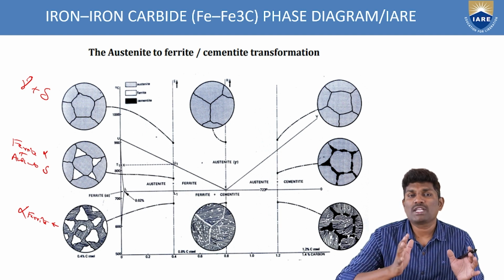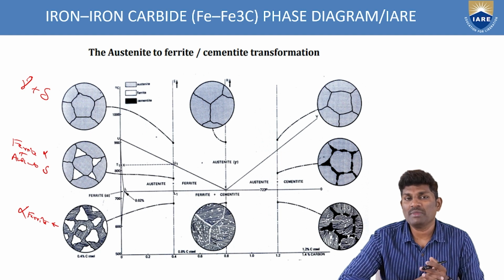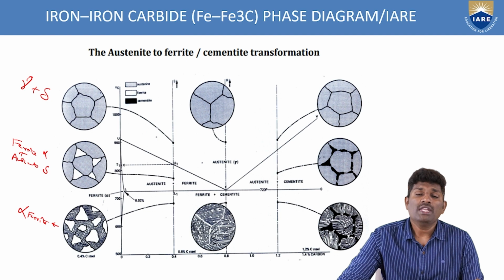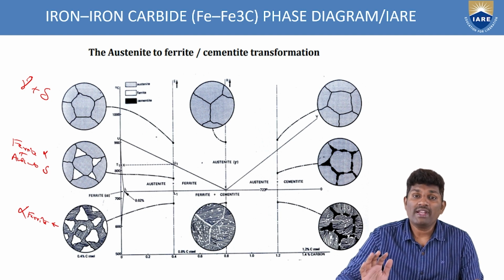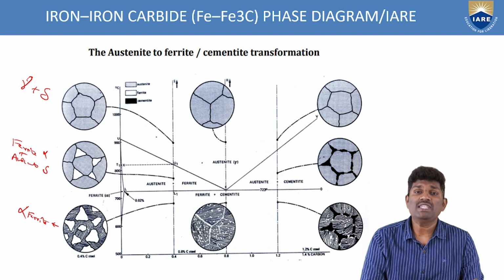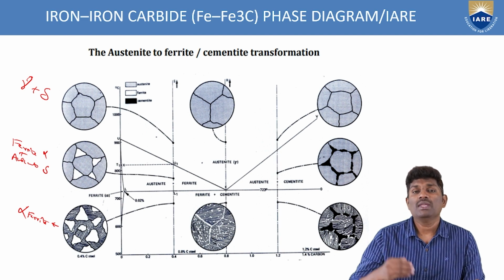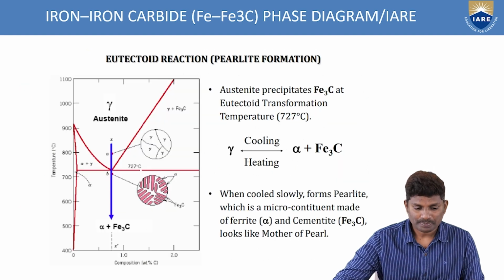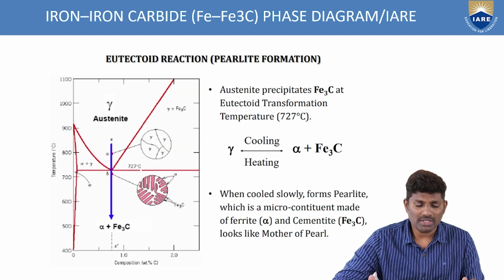All these things we can get the information from the help of the phase diagram. That's why the phase diagrams are very, very important in drawing these structures, in identifying what type of crystal structure we have, and what the composition of each type of crystal structure is. And this is how you will get the eutectic reaction.